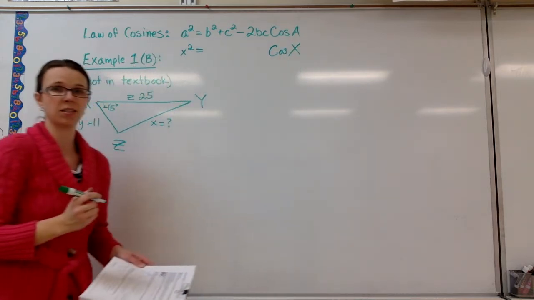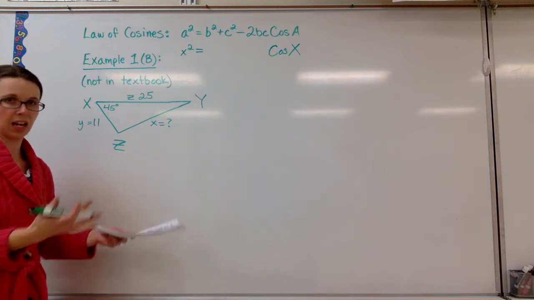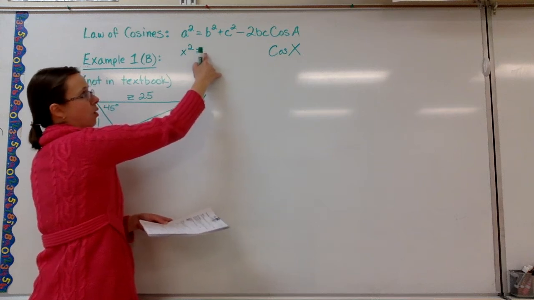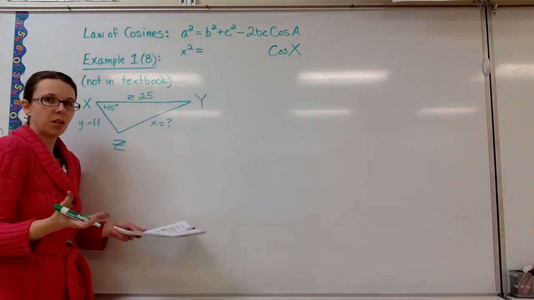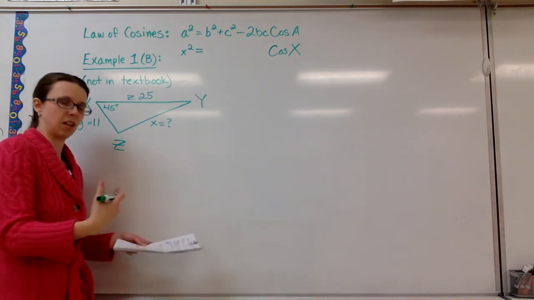That's angle X. The rest of the variables just get filled in any order you want to, really. You can have Z squared and then Y squared, or Y squared and then Z squared. Typically, your book and most examples that you're going to see are going to put them in alphabetical order. So that's what I'm going to do.